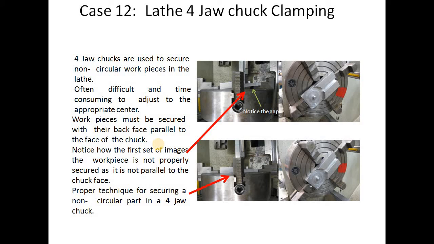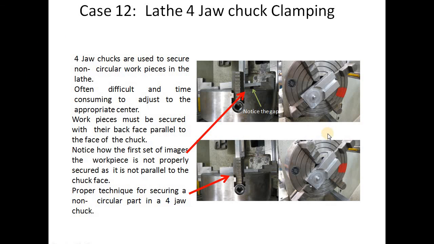This is the four jaw chuck clamping. You can see over here, and this is the important point. Notice the gap. Look at this gap. You cannot observe the gap from the front view, but when we see from the top, you can easily find the gap. A four jaw chuck is used to secure non-circular workpieces in the lathe.